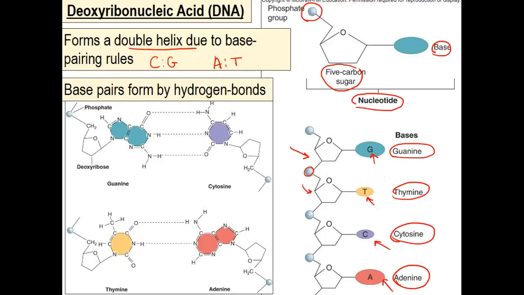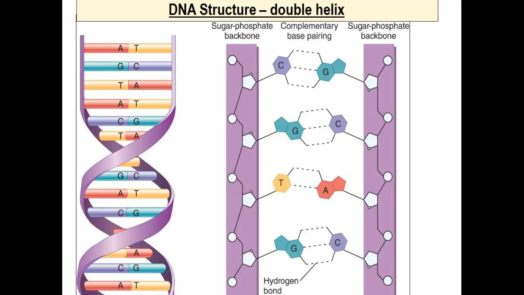And when the hydrogen bonds form, here you have a G hydrogen bonding with a C, and down here you have the T hydrogen bonding with the A. This is what creates the double helix, which is shown on the next slide.